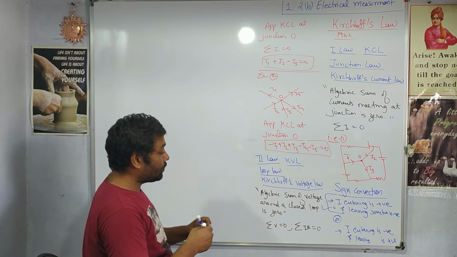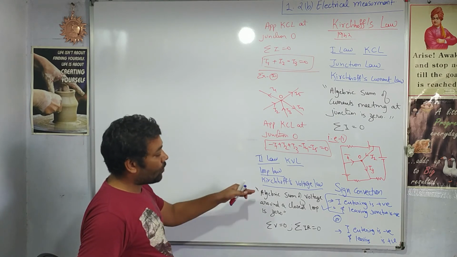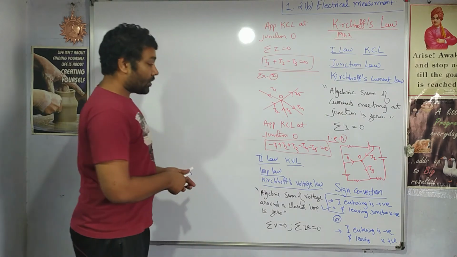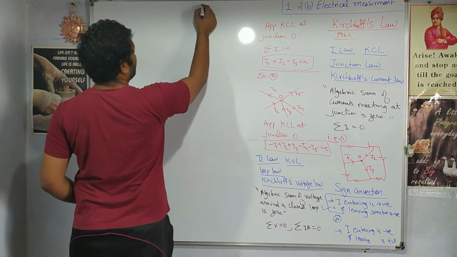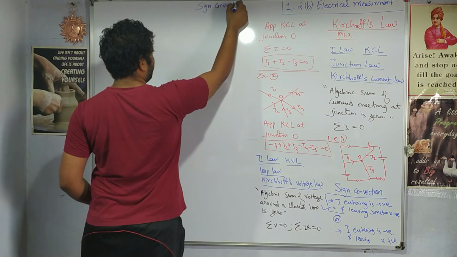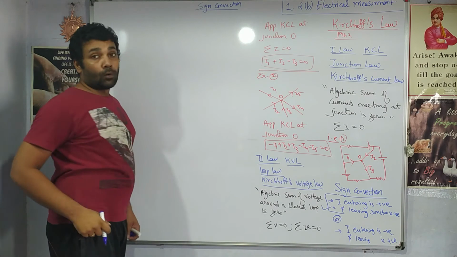Let us see an example to understand this. Again here, to apply this law, we have a sign convention. We'll write down the sign convention first and then we'll see the example. So what is the sign convention for Kirchhoff's voltage law?